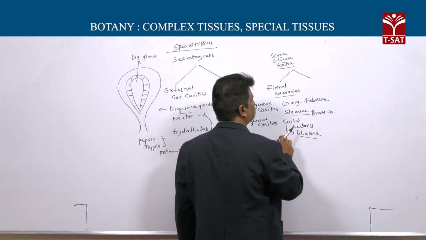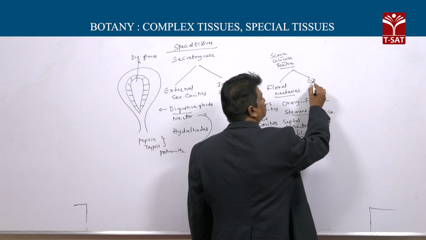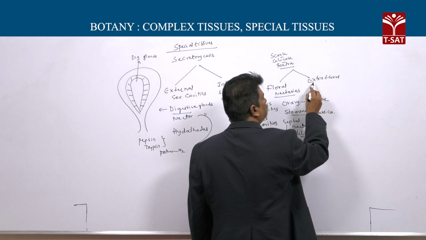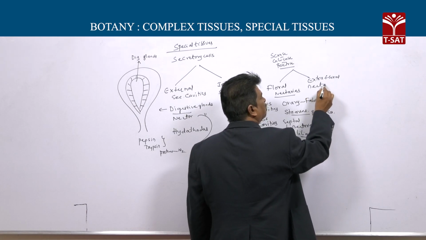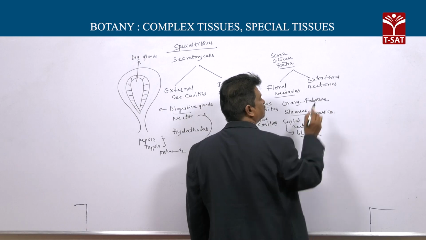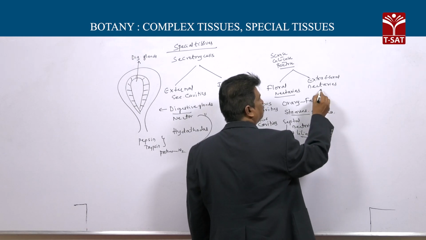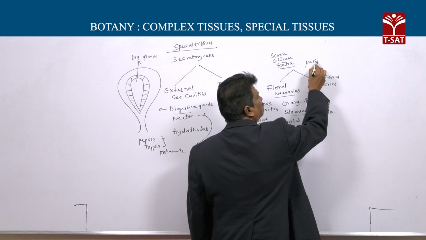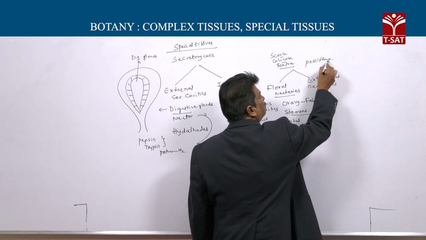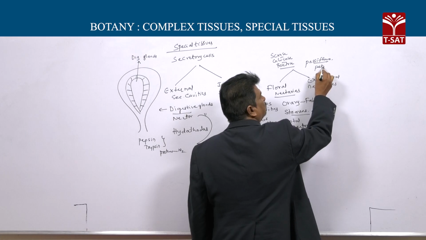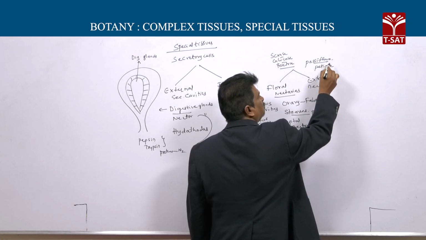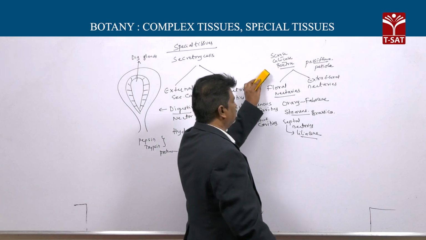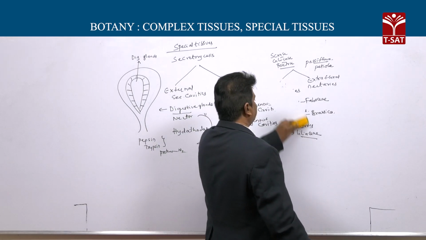Other than floral parts, if nectar is present on vegetative parts, rightly called extrafloral nectaries. Example for extrafloral nectaries, passiflora. In passiflora, the stalk of leaf or petiole contains nectar. Then special inflorescence, cyathium.